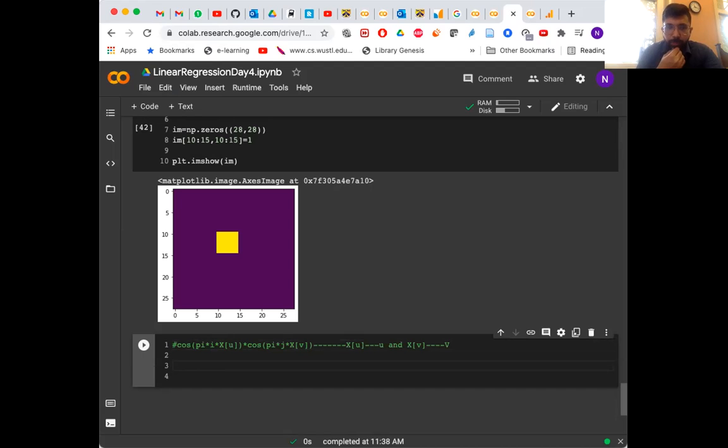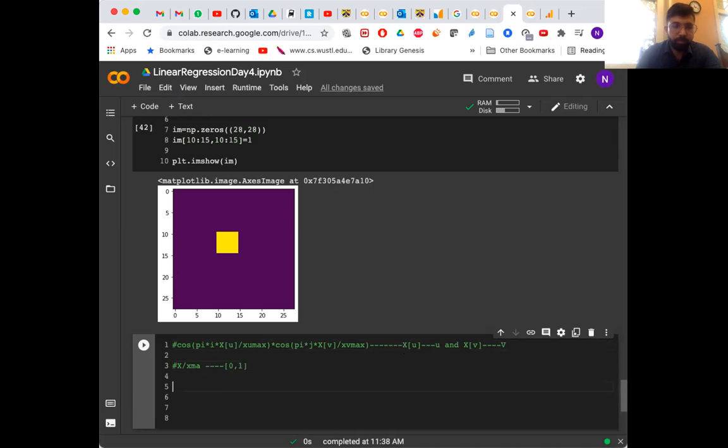First, of course, this is normalized. This is divided by x max, so I'll call it u and v. Basically, this x divided by x max goes from 0 to 1, so we can make the problem a bit easier to tackle.